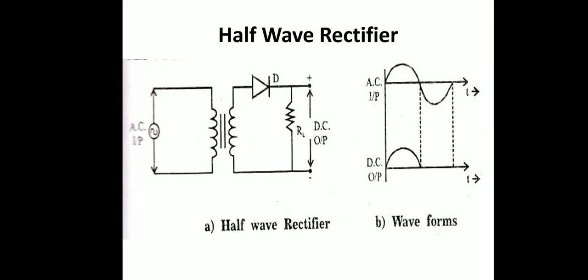Similarly, the holes in the P-type semiconductor start moving from P side to N side. As we know, electric current means the flow of charge carriers, free electrons and holes.